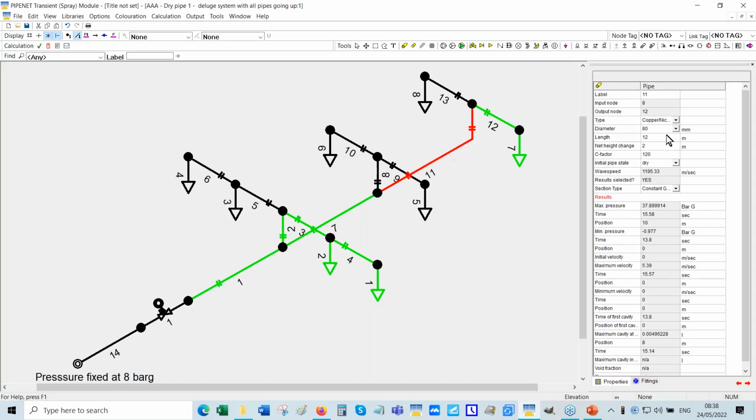Let me make this pipe 50 meters long, so it will take longer to travel back. My conjecture is that the pressure surge starts here and it works back, and that creates a spike in the flow rate here. If I make this pipe longer, that will take a little bit longer, and there'll be a bigger separation between the spikes. That's the idea.